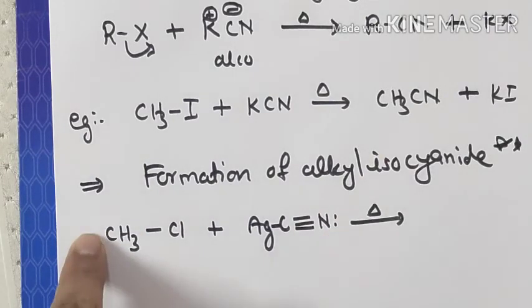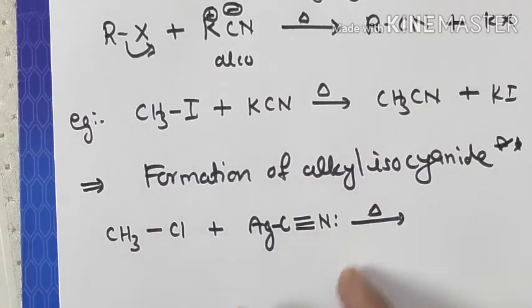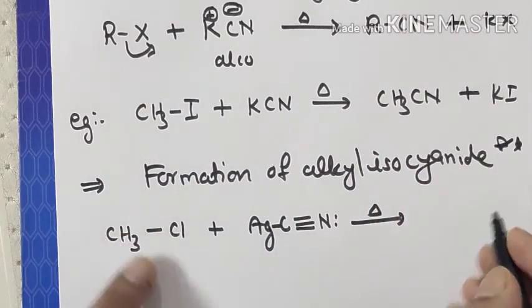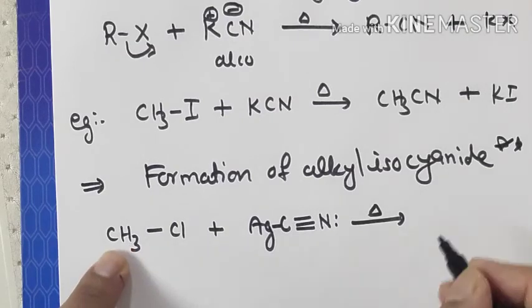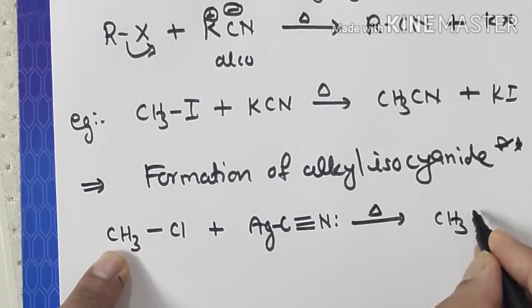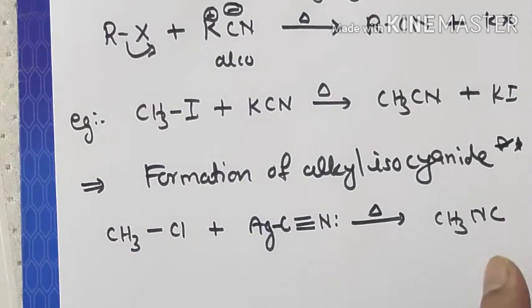So when nitrogen comes, right, and this nitrogen gives the electron, chlorine gets the electron from this carbon, chlorine moves away, nitrogen comes in, right, and the bond formed will be between nitrogen and carbon. As a result, it will form CH3NC. What is going to form? CH3NC, and NC is isocyanide.